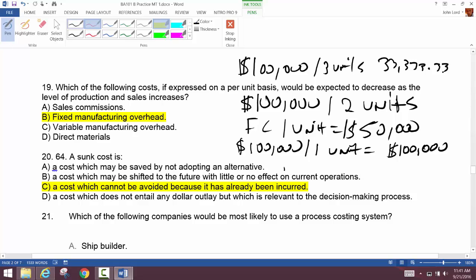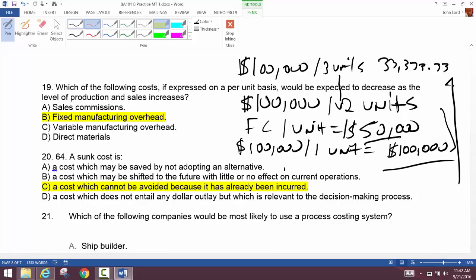And what happens if I drop from 3 to 2? Now I'm at 50,000 per unit, and from 2 to 1, 100,000 per unit, right? So as my production level decreases, my fixed cost per unit increases. If I go the other way and increase my production, my fixed cost per unit decreases, doesn't it?